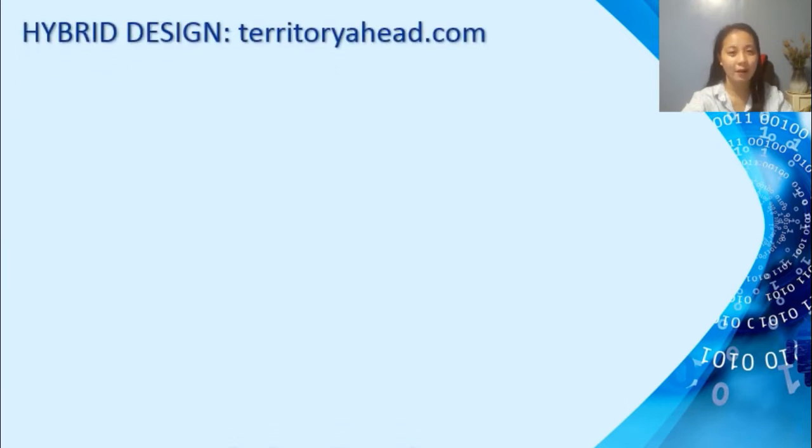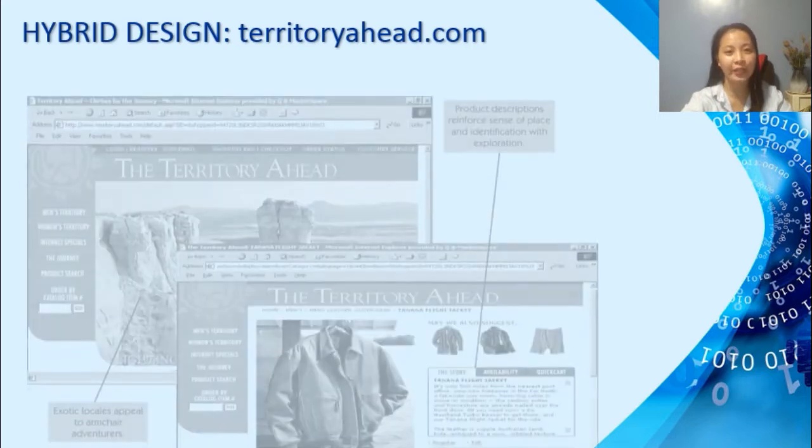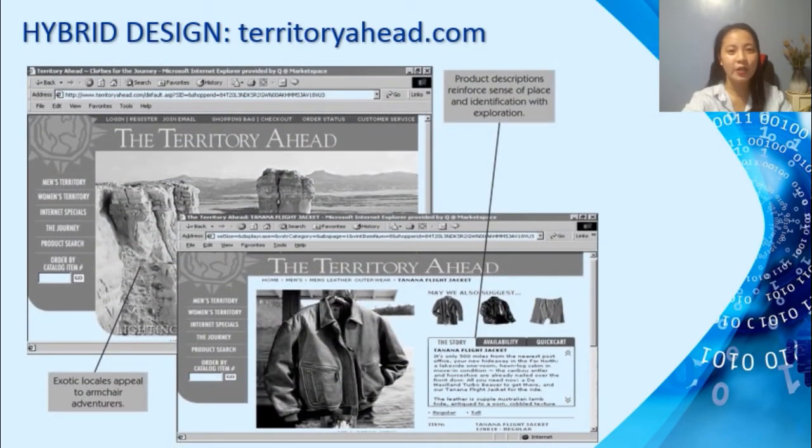The next example is the territoryahead.com. This website is kind of clothing company. So they offer personality through special fabrics, and then they have fine details and easy wearable design. So through their catalog, you could see here, their retail stores and website can promote fun and adventure by blending compelling outdoor imagery and then clever editorial to their own eclectic design of apparel.